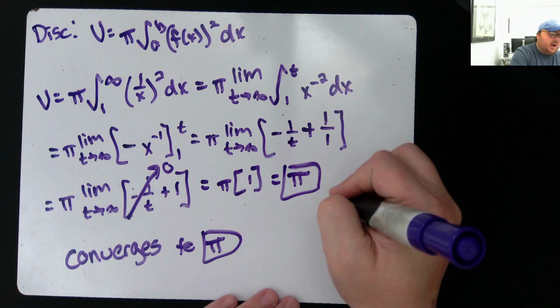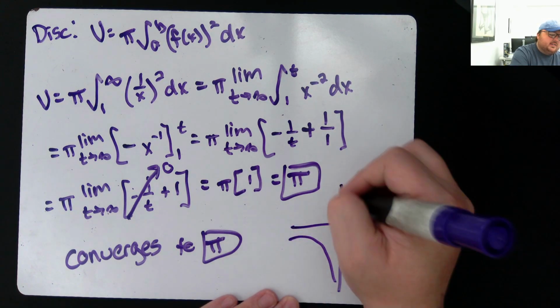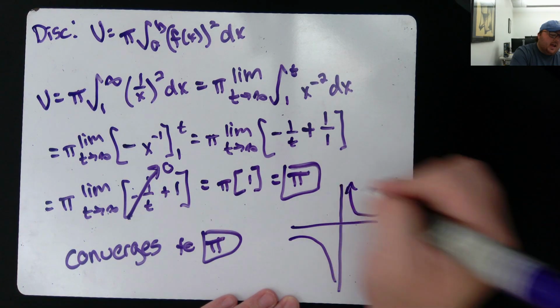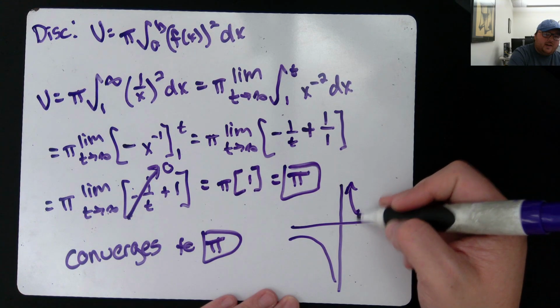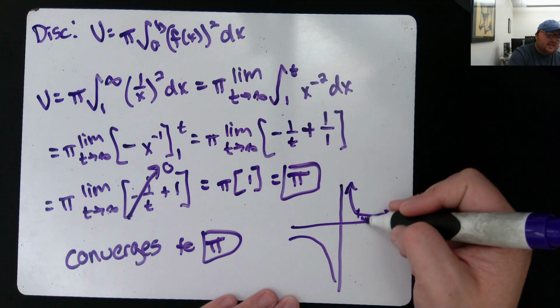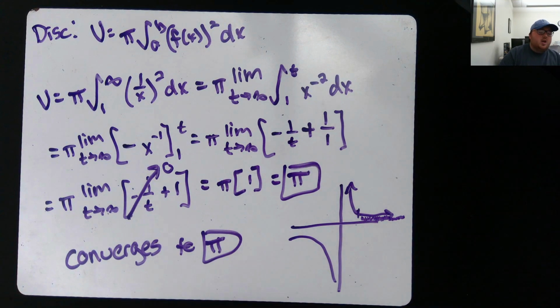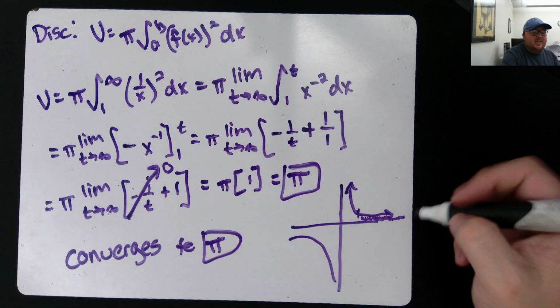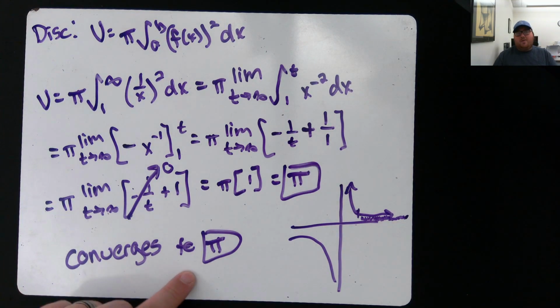Think about the graph of 1 over x, which looks like this. I'm going from 1 to infinity, so I'm starting right here, and the amount of space in here is getting smaller and smaller. So as I go on, these little bits over here aren't going to really add much. Basically, it's going to stall at pi, is what it means.